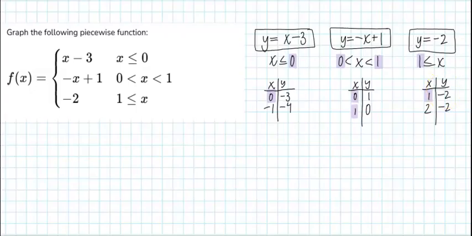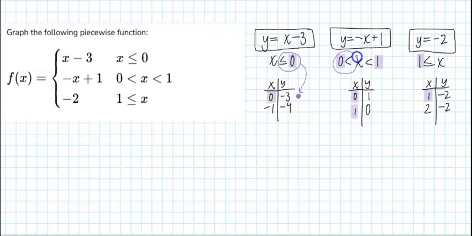In order to figure out whether these are supposed to be open or closed circles, you're going to look at the inequality symbol. So this point right here where x is 0, it has an equal to sign. So that means that this point, 0, negative 3, should be a closed circle. When it has an equal to sign, it makes a closed circle.